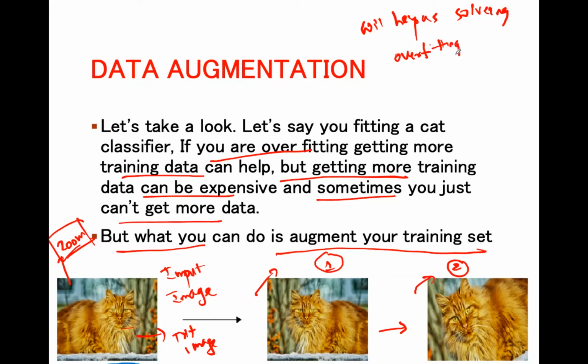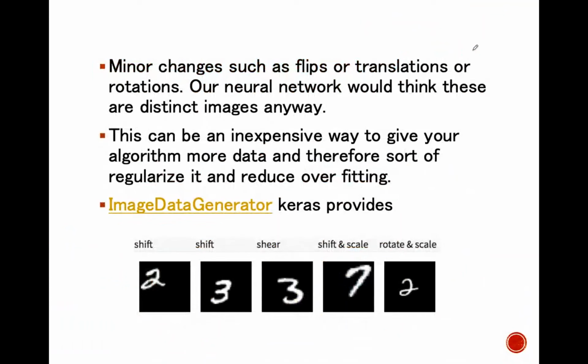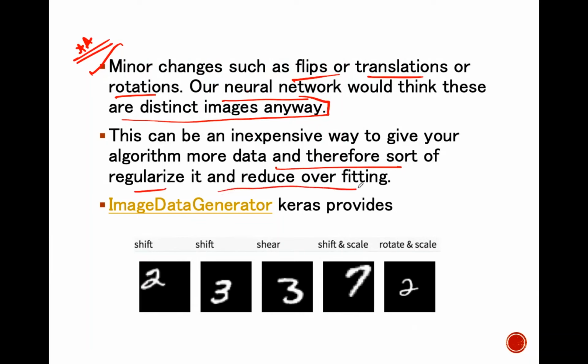With minor changes such as flips, translations or rotations, our neural network would think these are distinct images anyway. This is the major important point. This can be an inexpensive way to give the algorithm more data, therefore regularizing it and reducing overfitting.